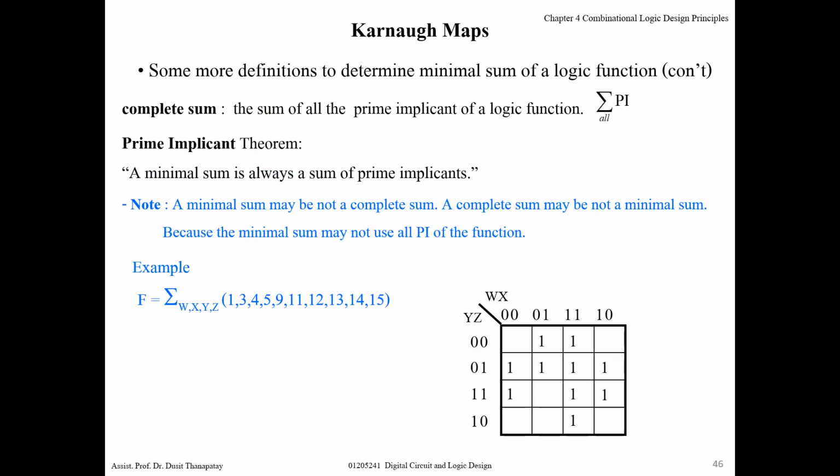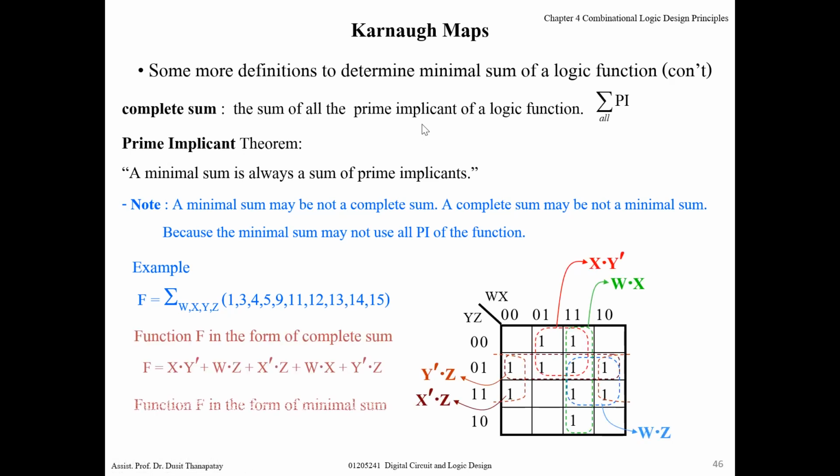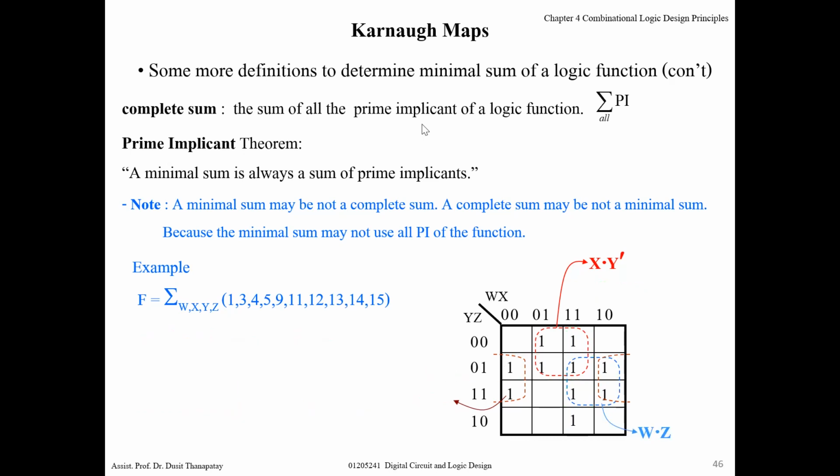If you create a function by summing all prime implicants together, the result is called the complete sum. But if you need to minimize the size of the circuit, you need not use all prime implicants, right?